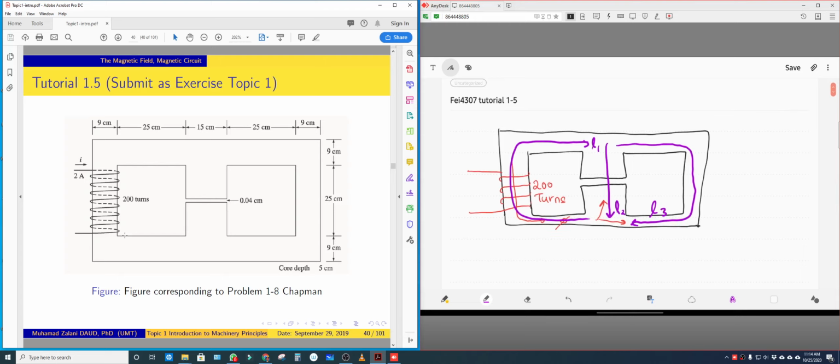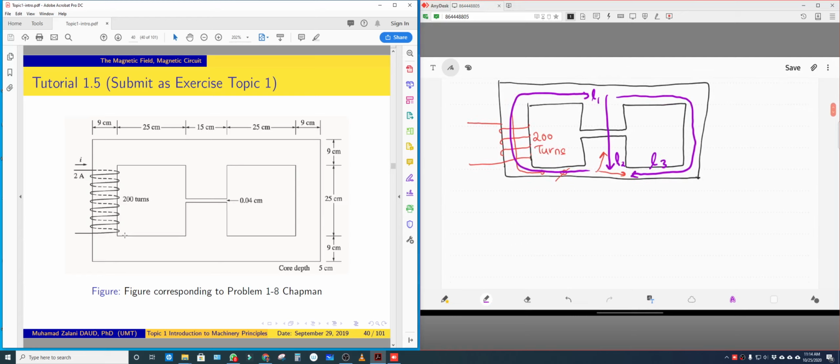So we want to find the flux of each leg. Okay, we want to find the flux flowing in each leg. Find flux in the left leg, which is phi 1.